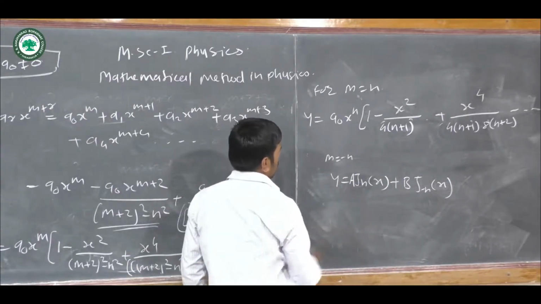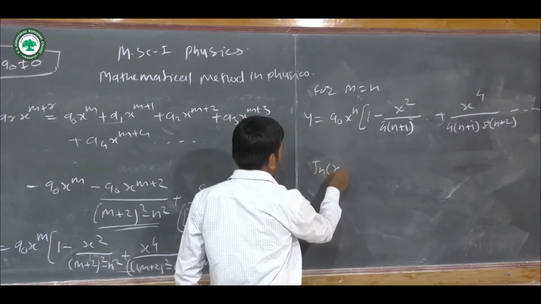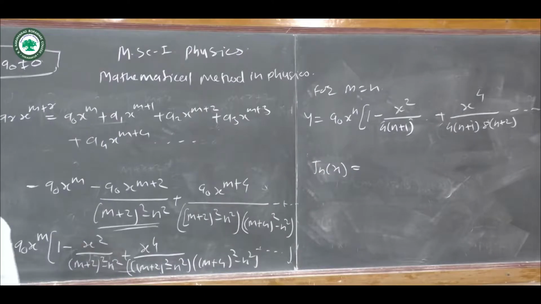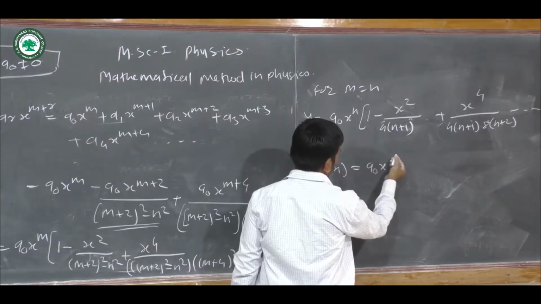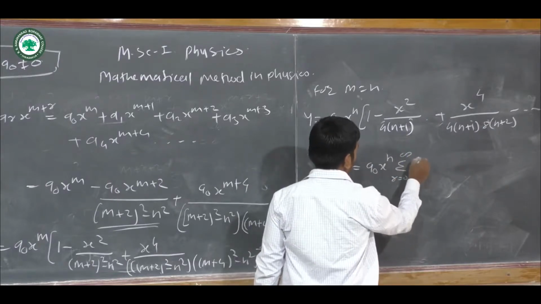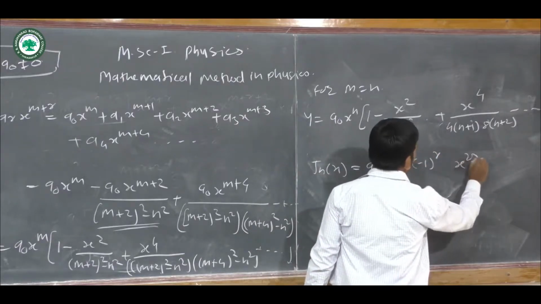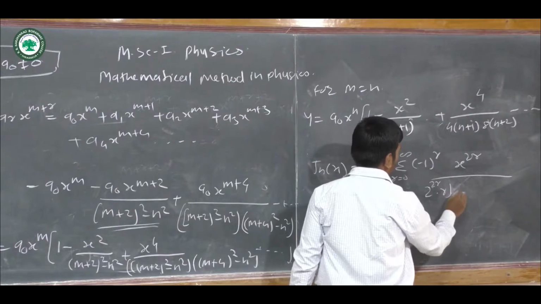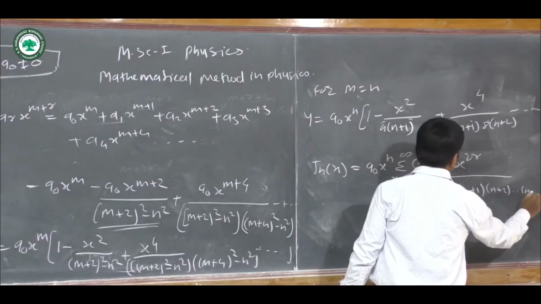If I write the general expression for y, that is Jn(x) is equal to a naught x power n, summation r is equal to 0 to infinity, minus 1 power r into x power 2r divided by 2 into 2 power 2r into r factorial into (n plus 1)(n plus 2) up to (n plus r).